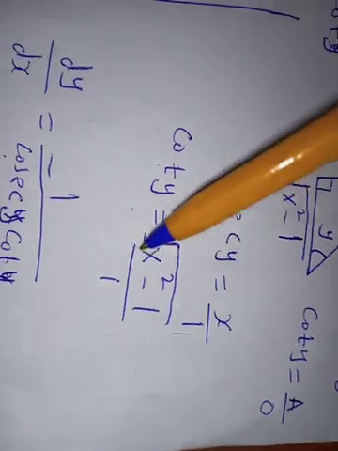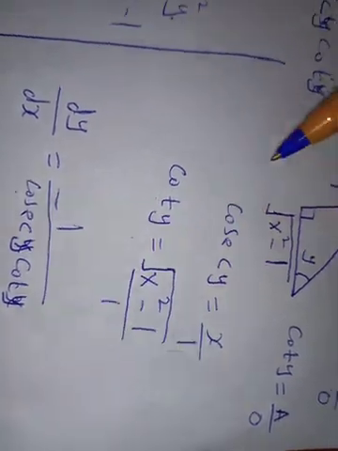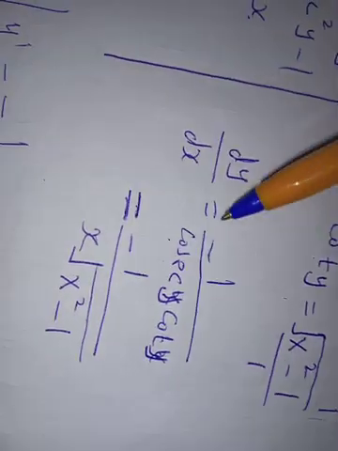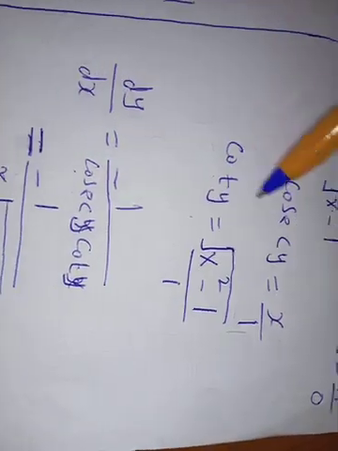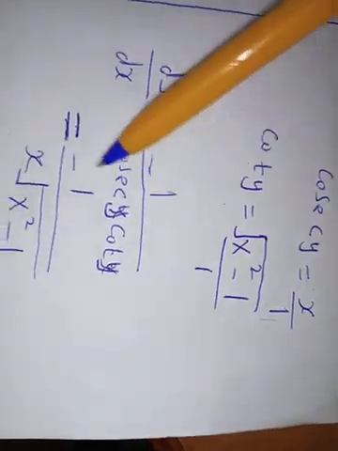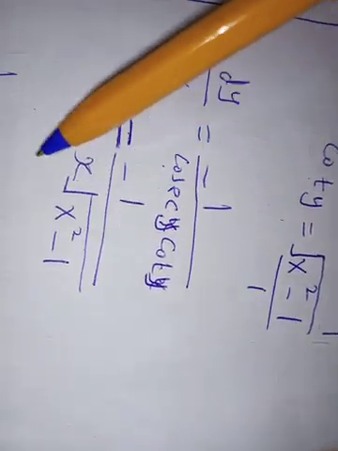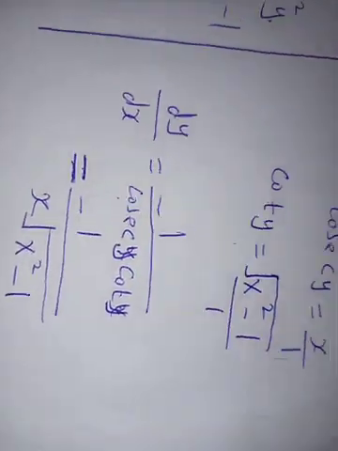Adjacent is root x squared minus 1. Opposite is 1. Then we come here to dy over dx and substitute. So cosec y is x, because x divided by 1 is x, multiplied by the square root of x squared minus 1.